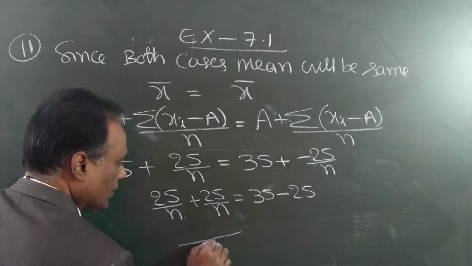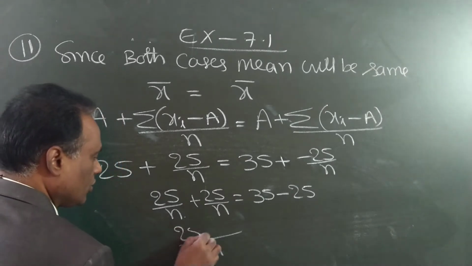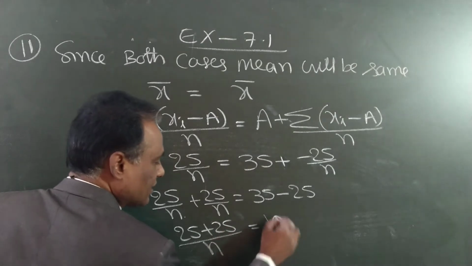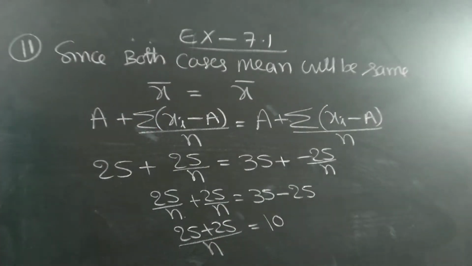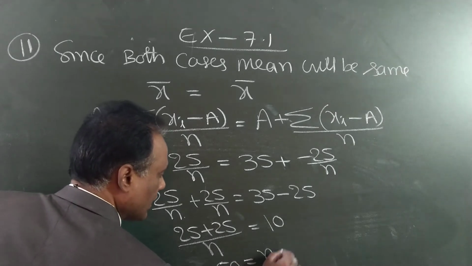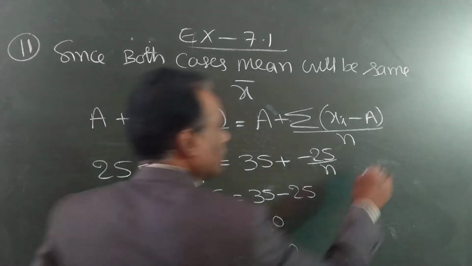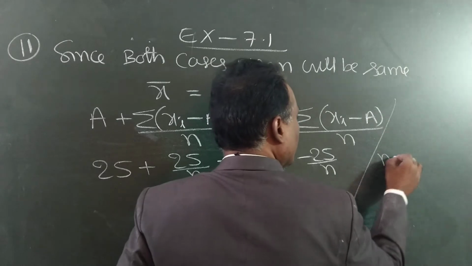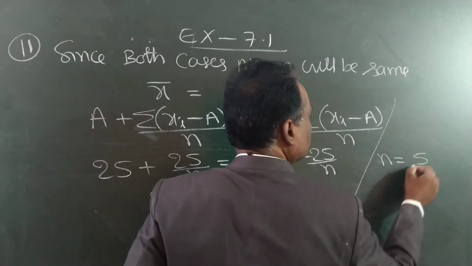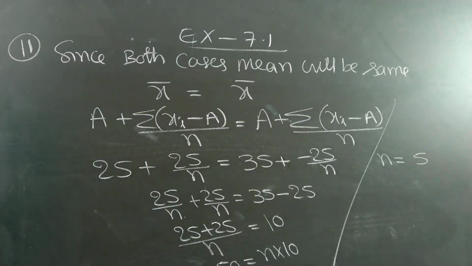So n LCM, 25 plus 25, this is 10. 25 plus 25 is 50 is equal to n into 10. So therefore n is equal to 50 by 10, 5. N is equal to 5.